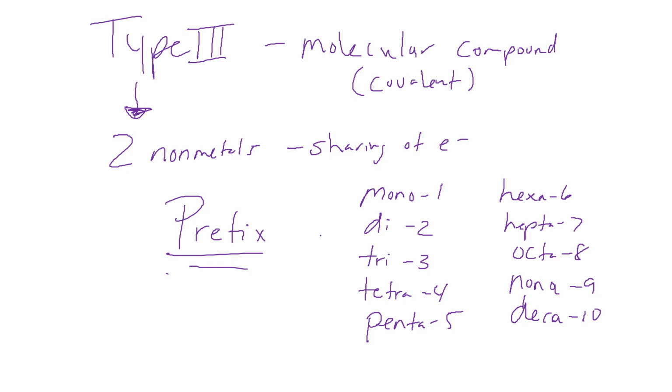So these are the prefixes that we use, and because there's no ions involved here, they're sharing electrons, there's really not too much to figure out other than pick the right prefix. So let's talk a little bit about these prefixes and some rules involved with them.